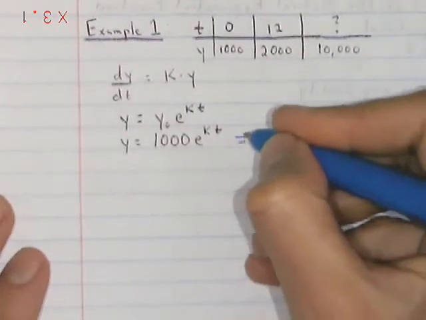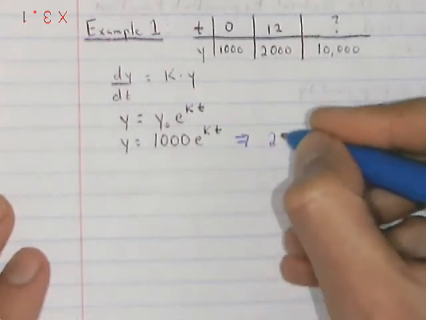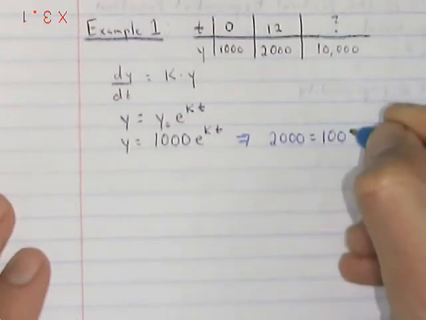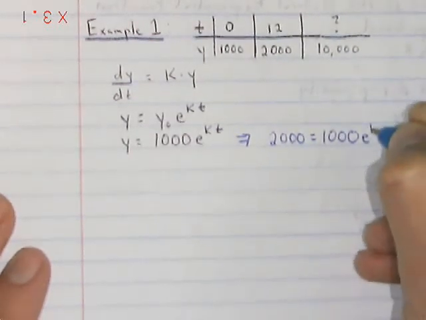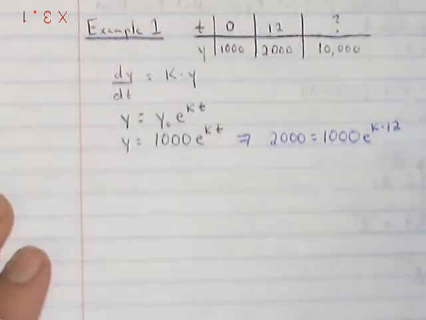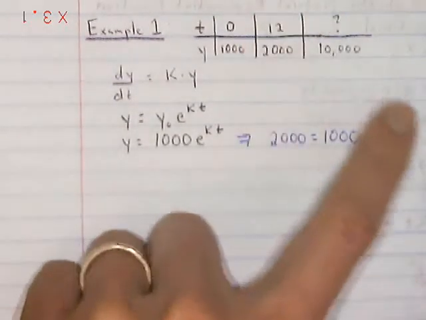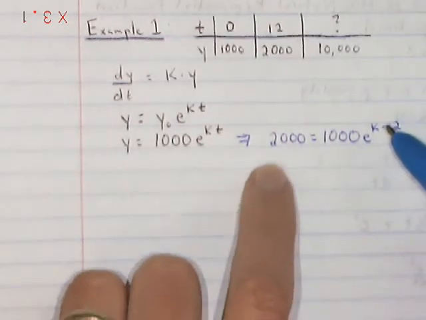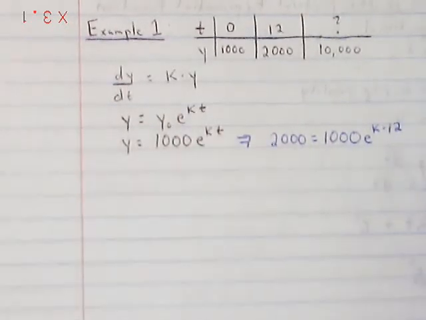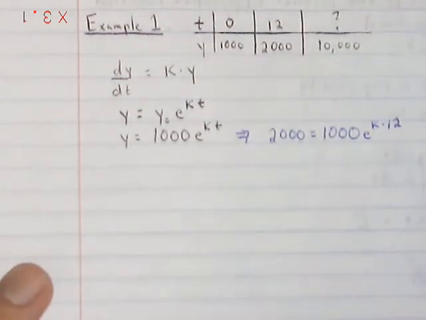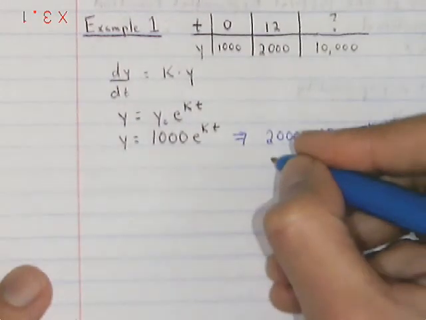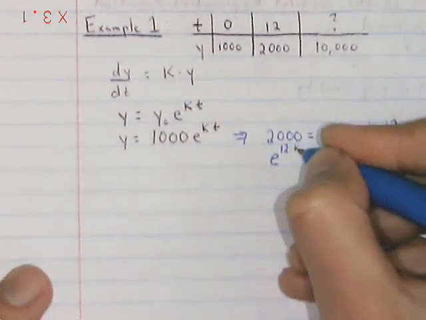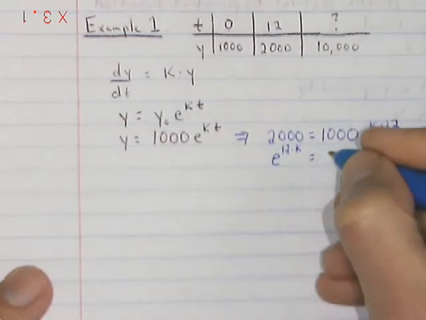So in other words, we know that 2,000 must equal 1,000 e to the k times 12. Just plugged in these conditions. At time 12, whatever this constant is, we should have 2,000 of those little bacteria. If we divide both sides by 1,000, we end up with e raised to the 12 times k is equal to 2.